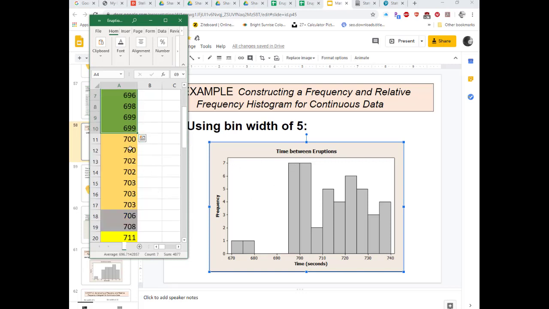This next yellowish color was also 7, and that goes up to 7. This next one was only 2, so this gray only went to 2, and so on and so forth. So this is what it would look like if you used a bin width of 5.